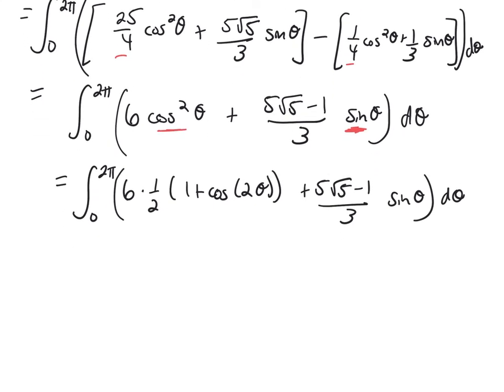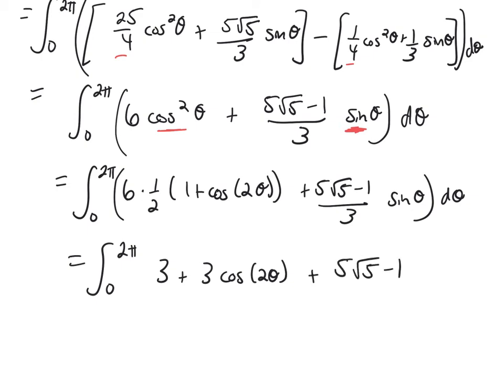If I simplify that first group, I'll get 3 plus 3 cosine 2 theta, and then the sine theta term.